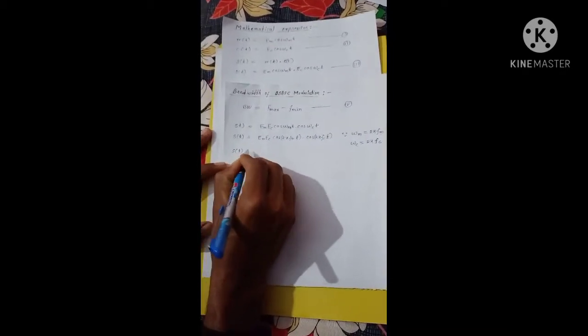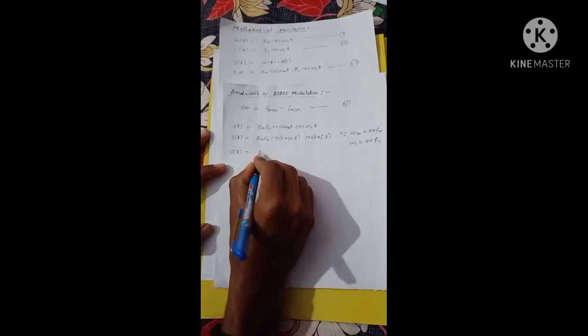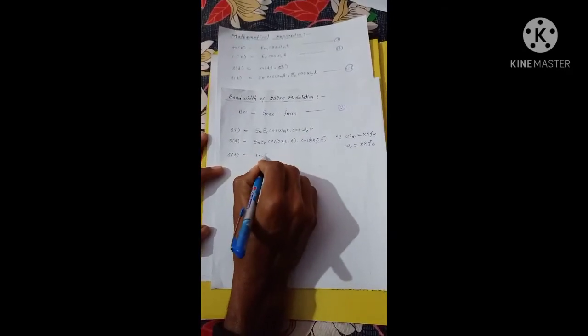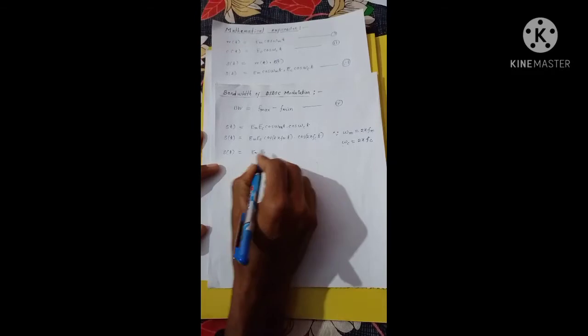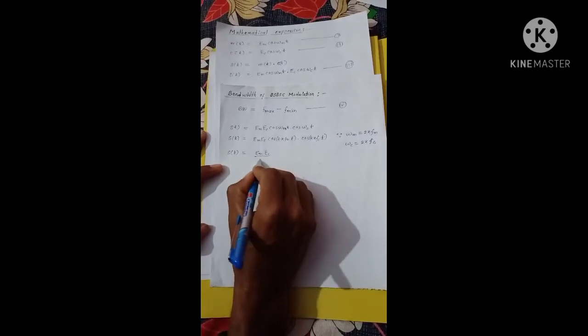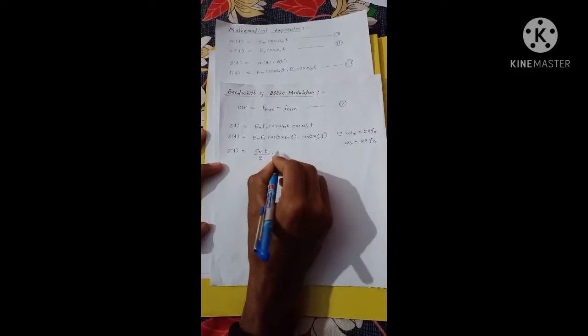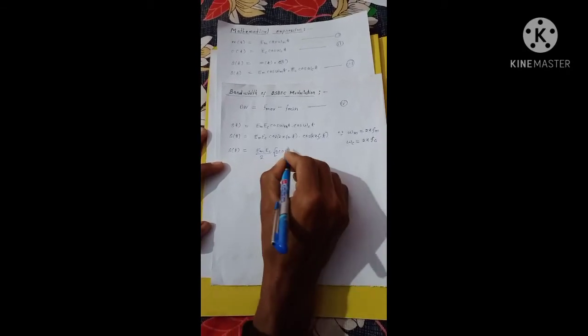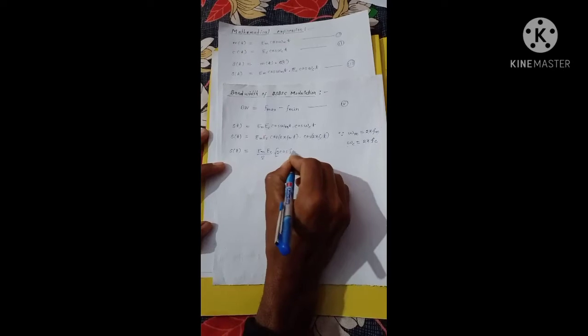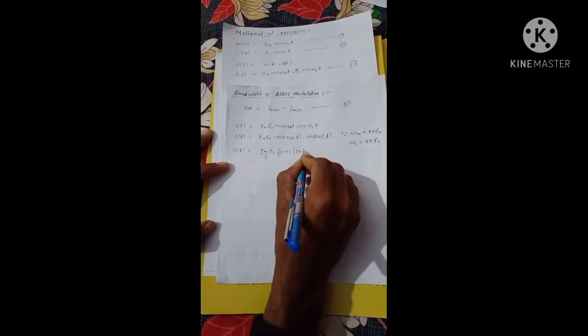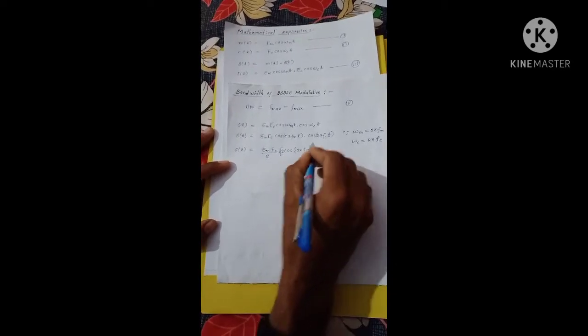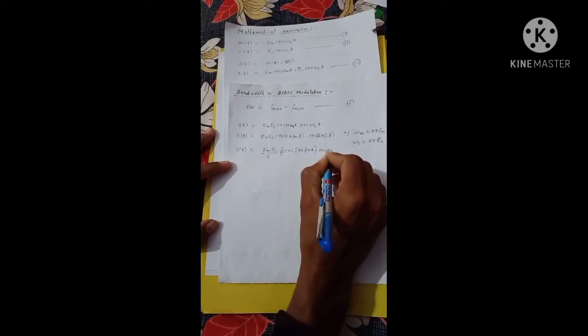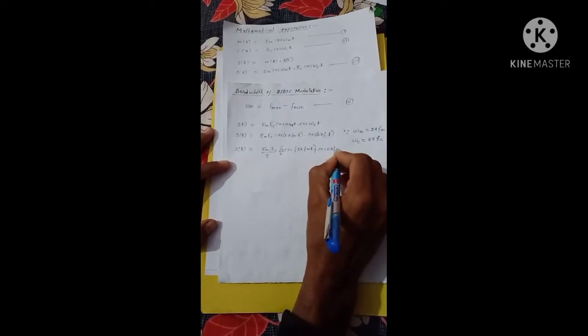So s(t) is equal to Em Ec upon 2 into 2 cos 2 pi fm t into cos 2 pi fc t.